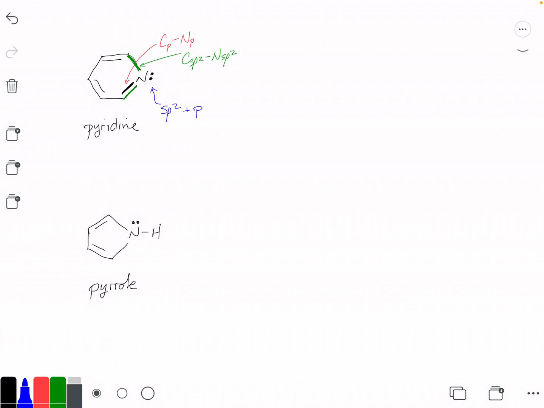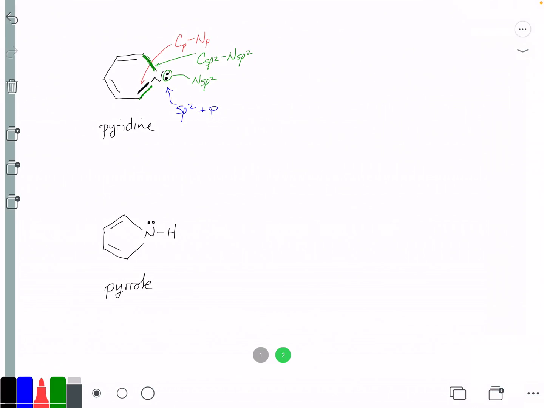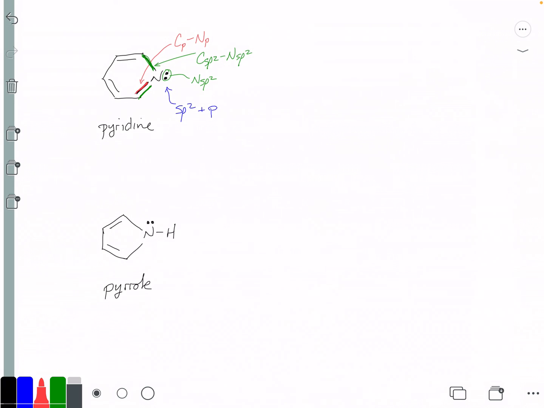And in fact, that means that this lone pair of electrons is in nitrogen's third sp2 orbital. So I've got my sp2s drawn in green, and my p orbital overlap drawn in red right there.